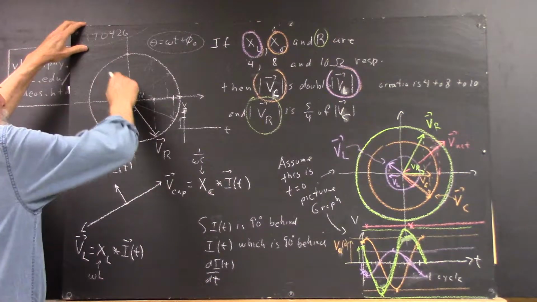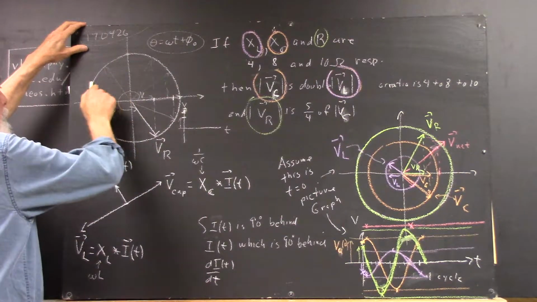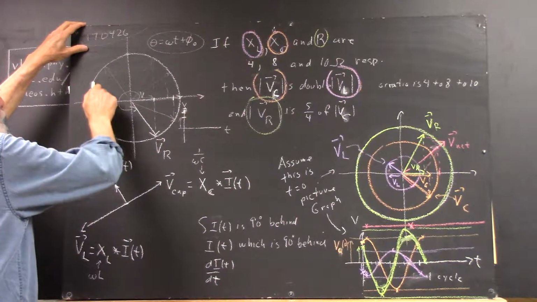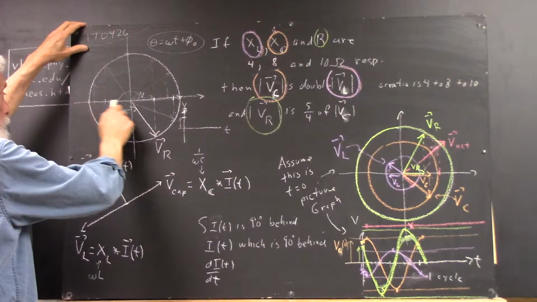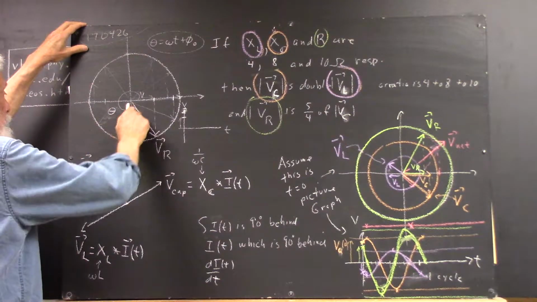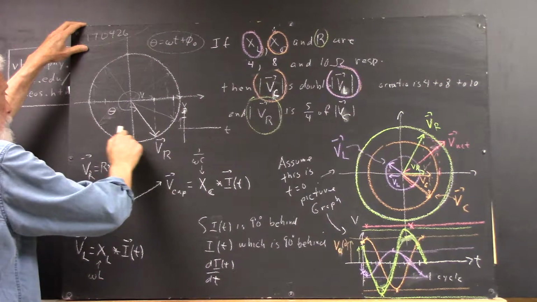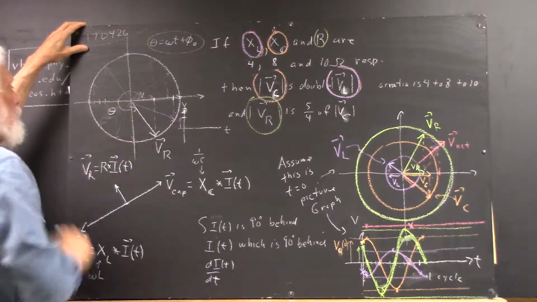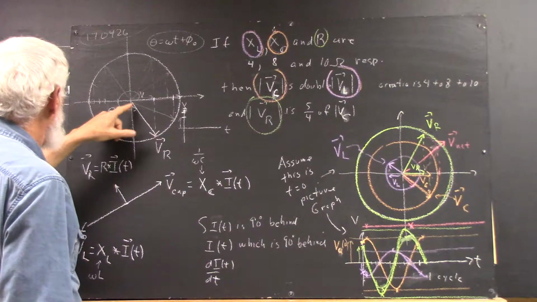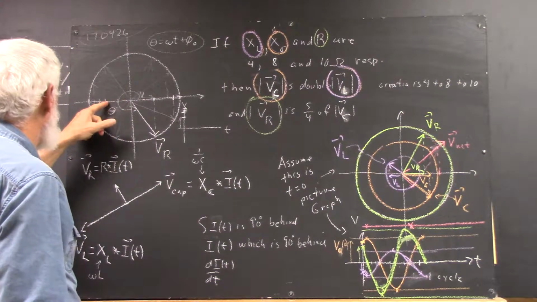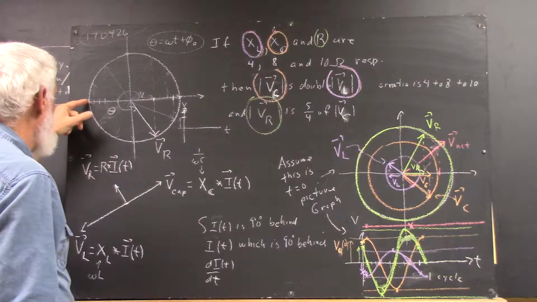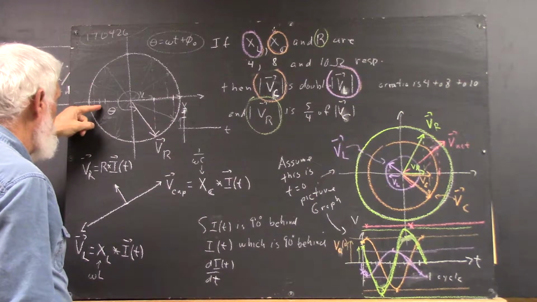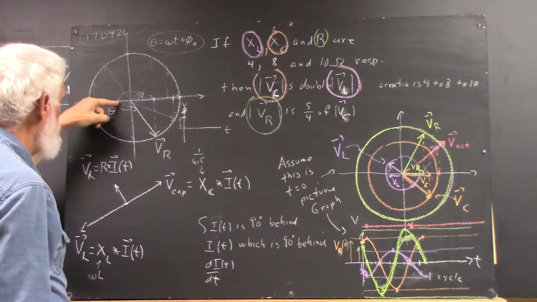And then as we go around the circle here, we get a V here, we get a V here, we get a V here, and then here, and here, and here. So we get a V here, and we get a V here. What's happening? We go to the negatives, and V jumps from here to here, and then to here, and then to here. And then it comes back to here, and back to here.